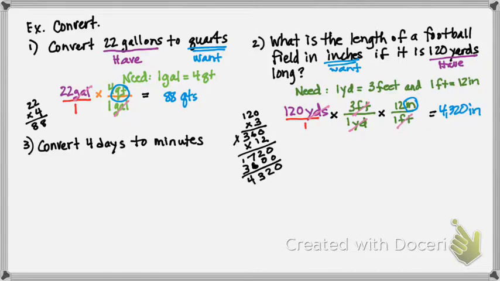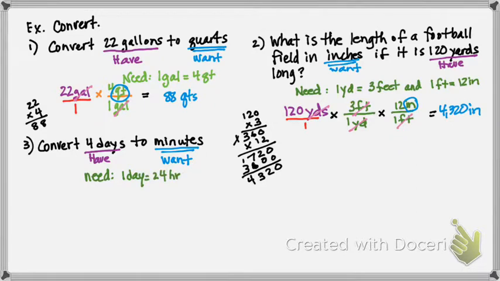Okay, so let's start with what we have. What we have is 4 days. That's our have. What we want is minutes. Oops, sorry, I'm writing the wrong word. What we want. So what do we need? So let's see. From days, I can go to hours. So 1 day is equal to 24 hours.